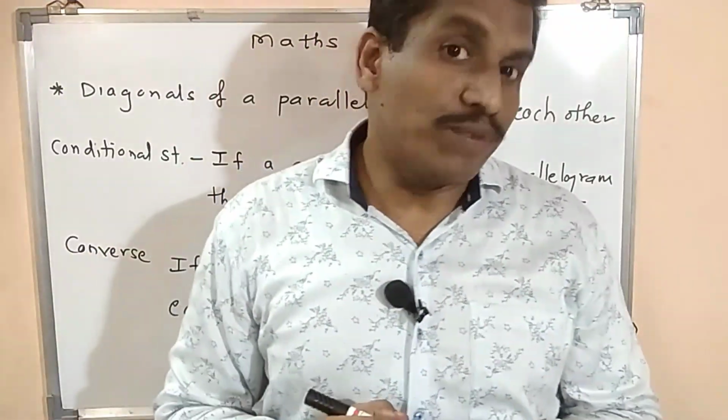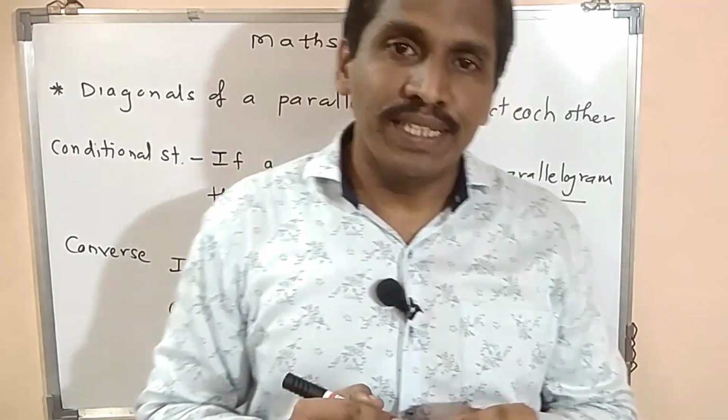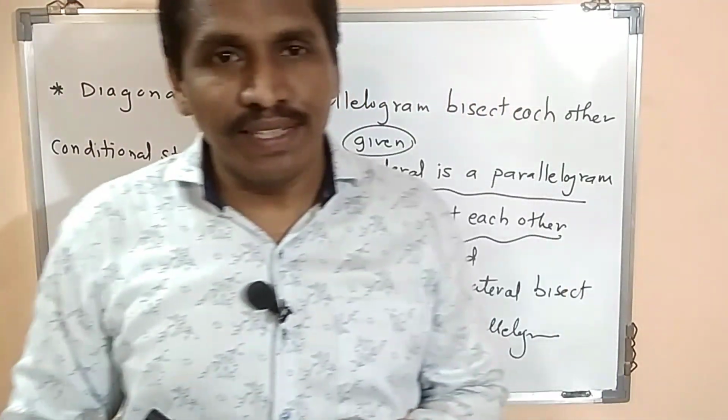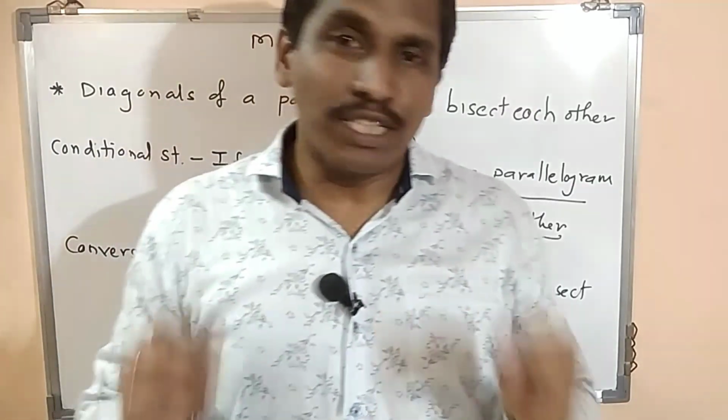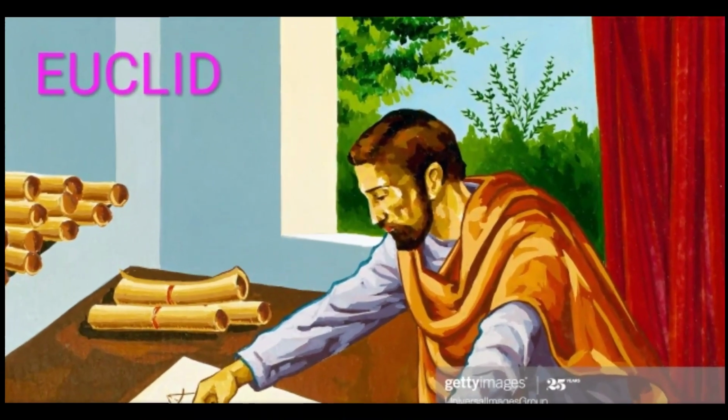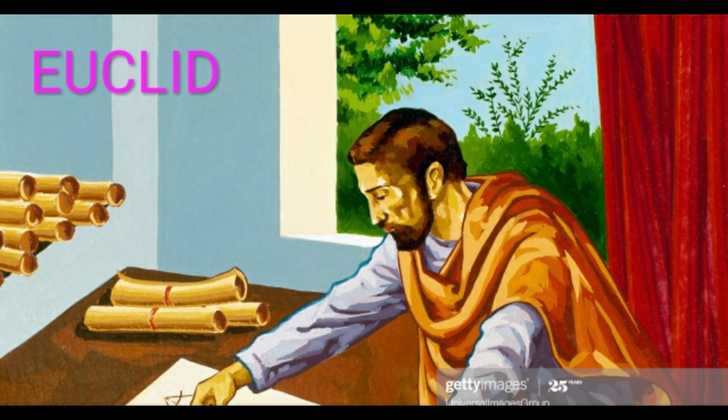This year we are going to learn geometry originated by Greek mathematician Euclid. In this standard, we are going to look at a subject of geometry with a different point of view, which was originated by the Greek mathematician Euclid.